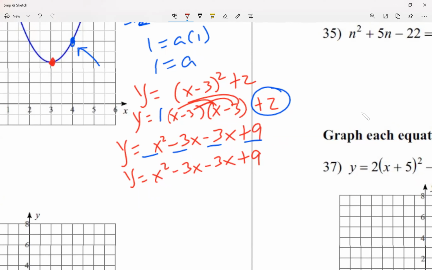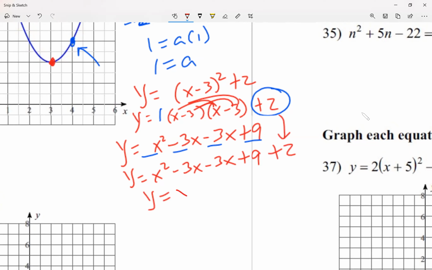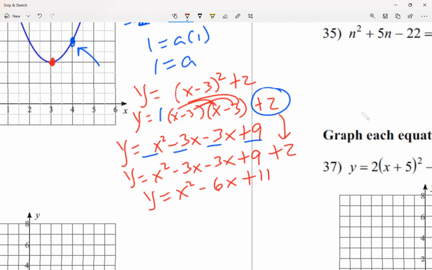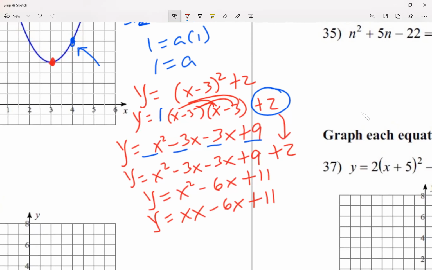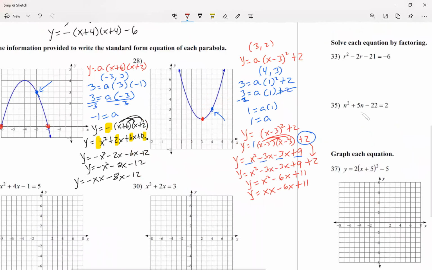And now, after I multiply by my aperture, let me write my plus 2. That number, just write it down. That number does not get multiplied with the aperture, okay? So I just brought it down. My last step, I'm just going to combine like terms. So x squared minus 6x plus 11. How am I going to type this? Y equals x squared minus 6x plus 11. There you go.